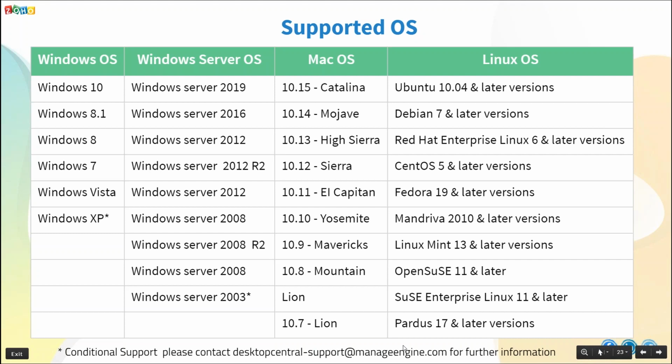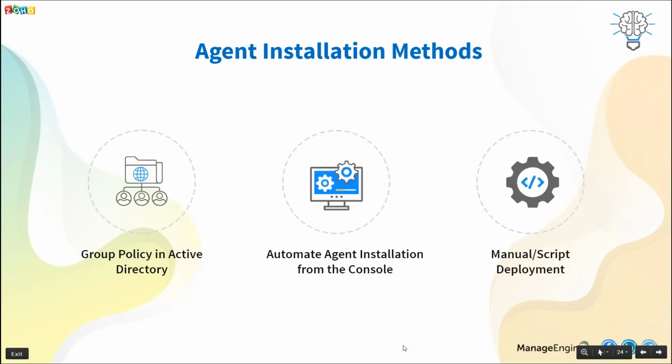Since it's a client-server model, the agent installation here is mandatory. To facilitate agent installation, we have three methods. First is via a group policy startup script in your Active Directory. You can simply download the application setup and push it using a GPO. We also have automatic agent installation from the web console.